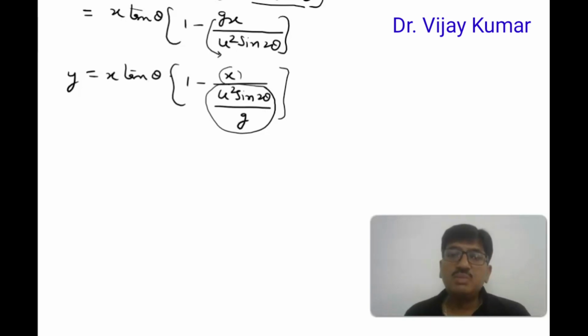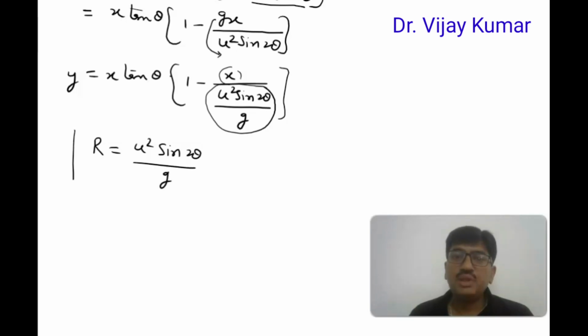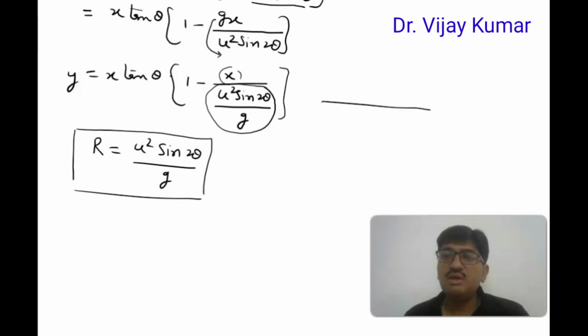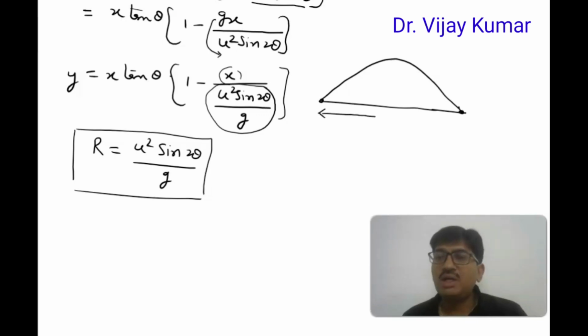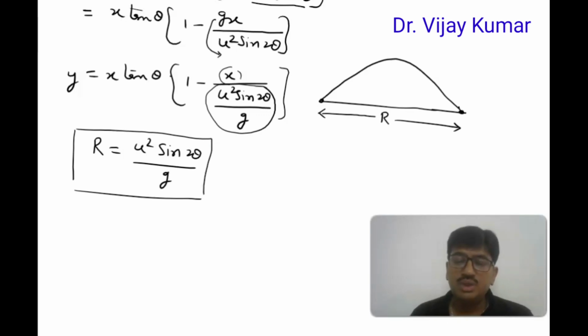So we can represent it by R, u square sin 2 theta upon g, and this R is known as range. Range means, in the projectile path, from the initial point to the final point, the horizontal path covered by the projectile particle, and it is u square sin 2 theta upon g.